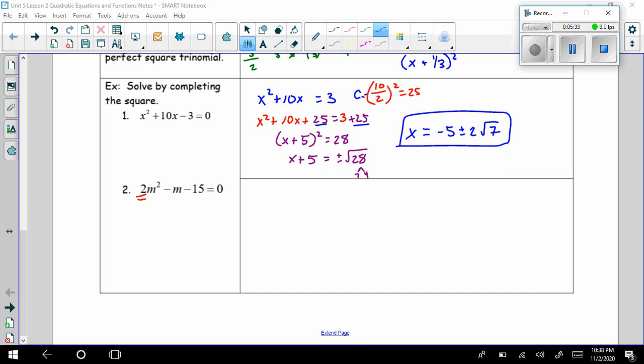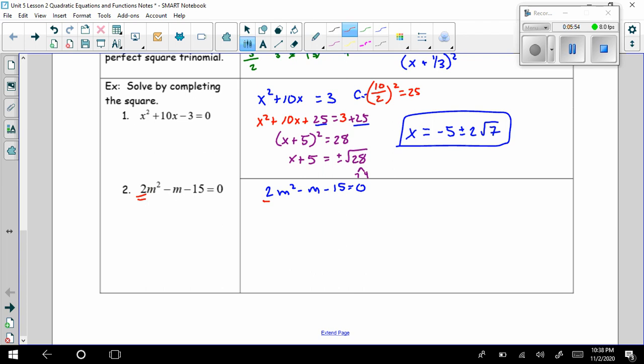Okay, so I wanted to look at example 2 with you because it has a lead coefficient which we're not used to seeing and haven't walked through how to approach these problems yet. Completing the square and making this a perfect square trinomial only works if that number is not there. So the first thing we're going to do is get rid of it.